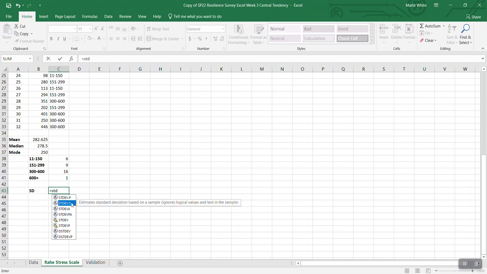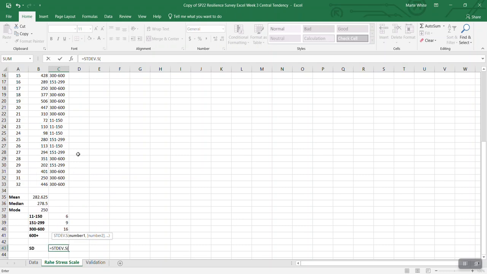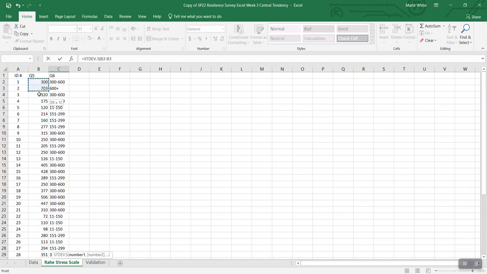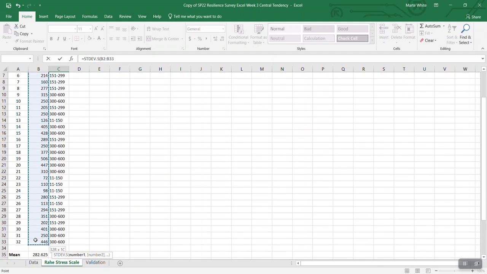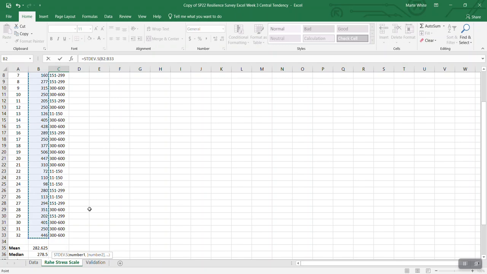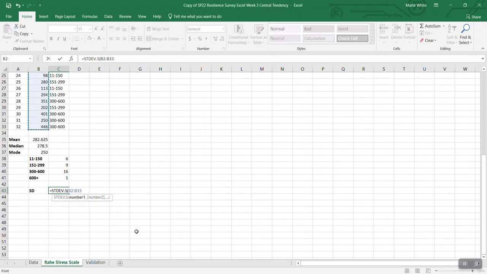That is the standard deviation for a sample. It's not my population, but it's the sample since we have a sample of students. So standard deviation for sample, tab, and it's going to ask you for the range of numbers. So we're going to go into the scores, not the categories, but the scores, and we're going to hit enter.